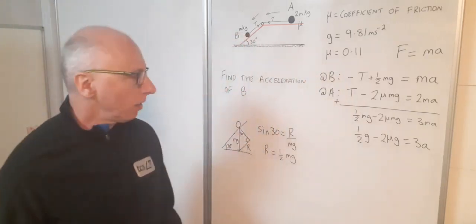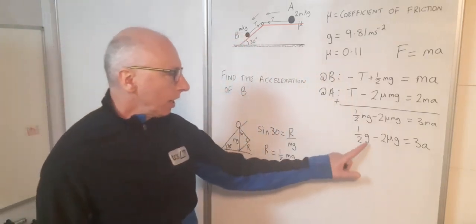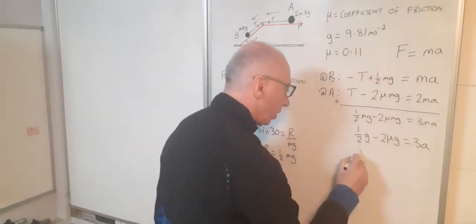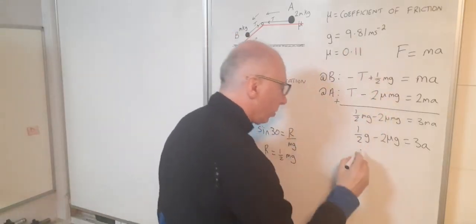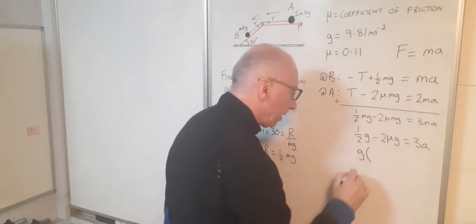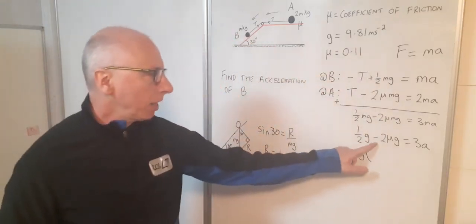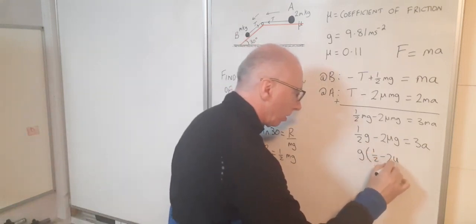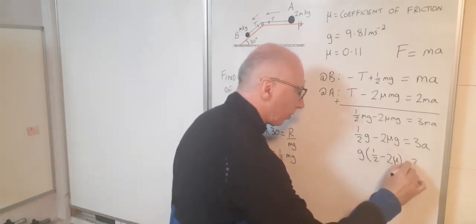So that's a bit easier to look at. So now I can take out a g. We've got our coefficient of friction, acceleration due to gravity there. We can put that in at the end. Then I've got a half minus 2 mu, and then that equals 3a.